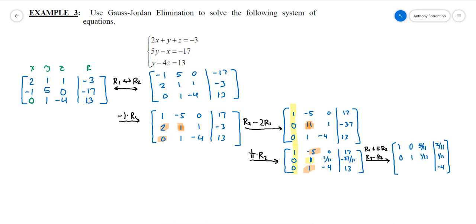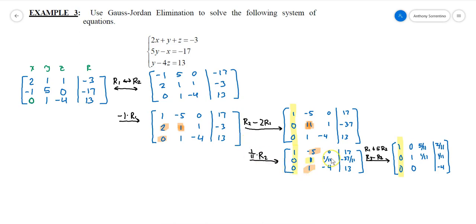Now I'm going to work on row 3, so I'm using R3 minus R2. So if I take this 0 in R3 minus this 0 in R2, it's still 0. So as you can see, nothing happened to this column. It's still my 1 and 0s in that column where they were before. Of course, 1 in row 3 minus the 1 in row 2 is going to give me a 0, which is what I wanted there.